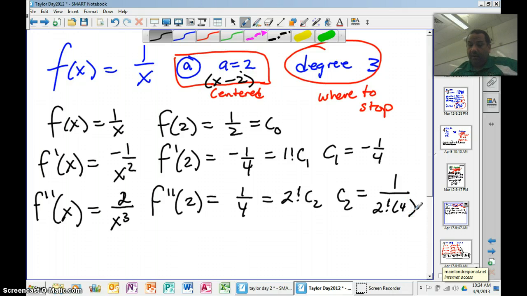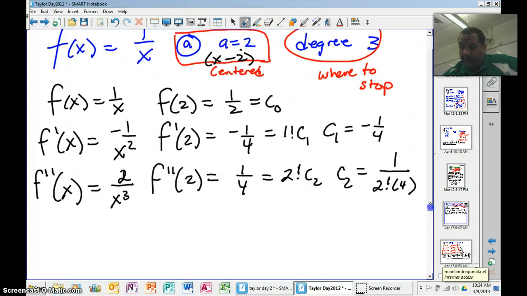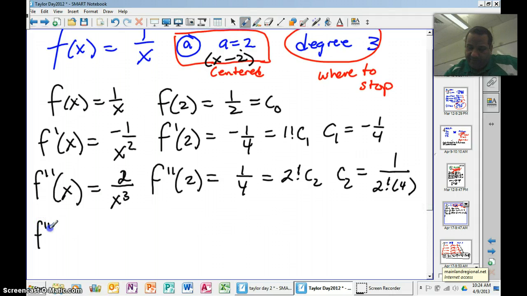One more. I only have to go to degree 3, so I only have to go one more. So it's going to be the third derivative of 1 over x, and this is going to be negative, what, 6 over x to the 4th, I think. Yes.